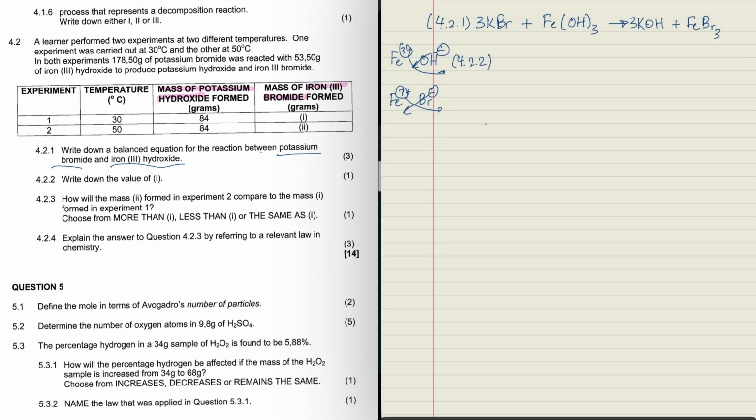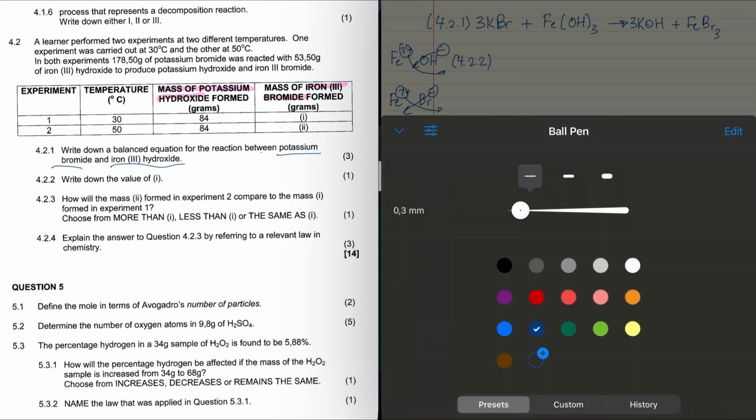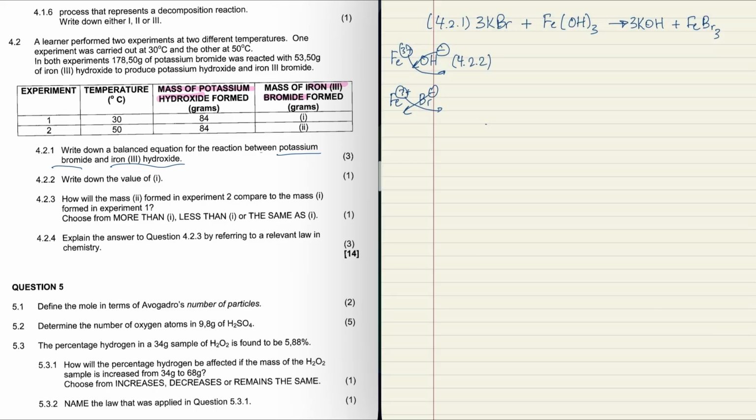So they tell us that we've used 178.50, and you have 53.50, and we have 84 grams of potassium hydroxide.